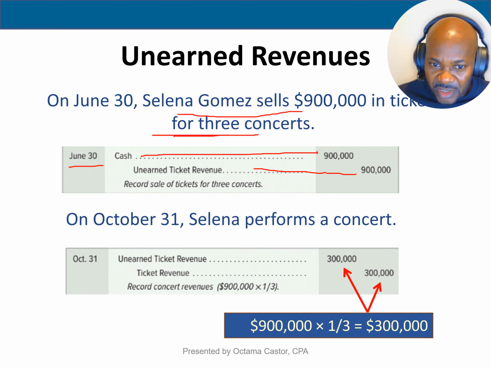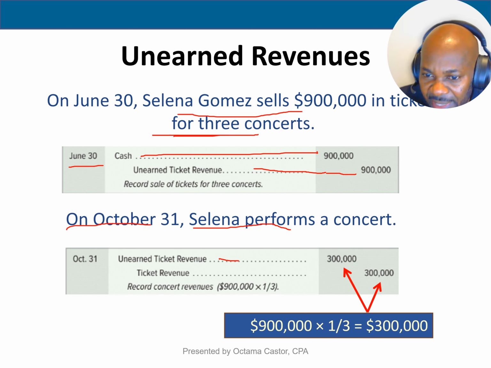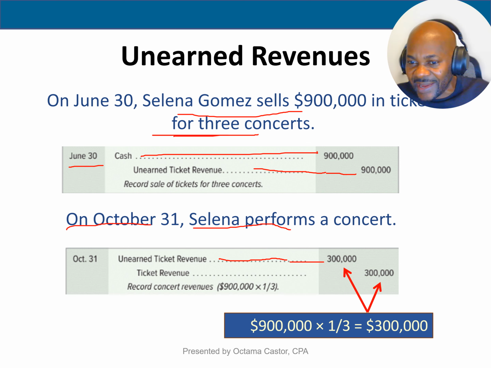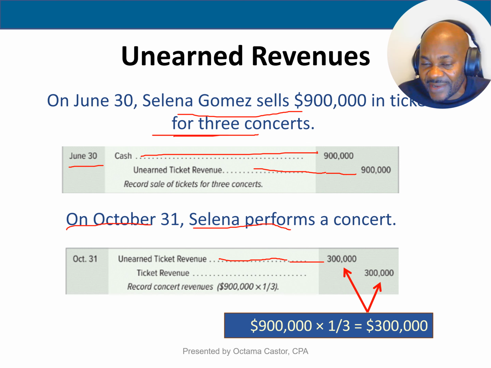Let's just say on October 31st, Selena performs one concert. At that time, look at the entry. She debits unearned revenue for $300,000 because that's one concert, right? If you collected 900,000 for 3 concerts, it's just basically assuming 300,000 per concert.